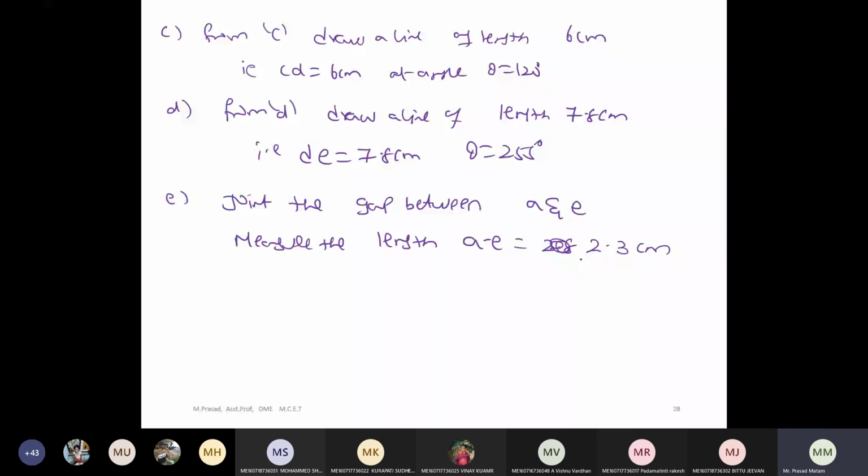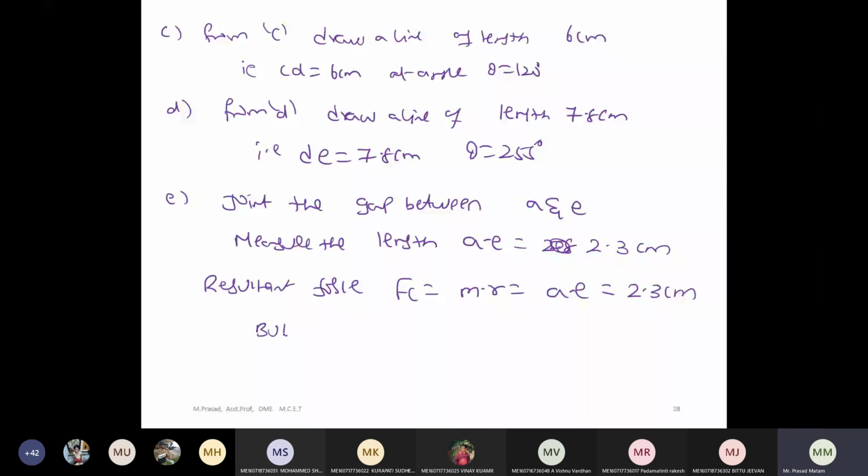Okay, resultant force Fc is equal to m into r, which is equal to AE, that is 2.3 centimeter. But we know 1 centimeter is 10 kg meter.